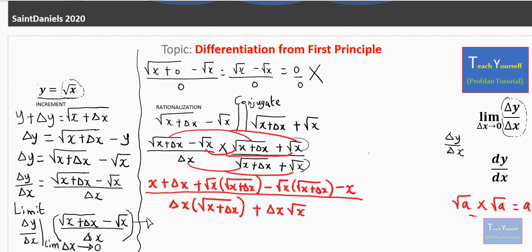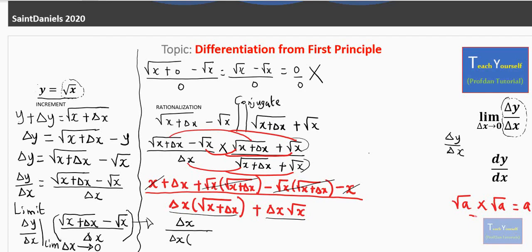So if you look at this, we can figure out that the whole of this term cancels out the whole of this term. Also, the whole of this term, x minus x, we also cancel out. So we are left with the increment in x at the top, the numerator, divided by, at the denominator, between the first term here and the second term, something is common, and that is increment in x.